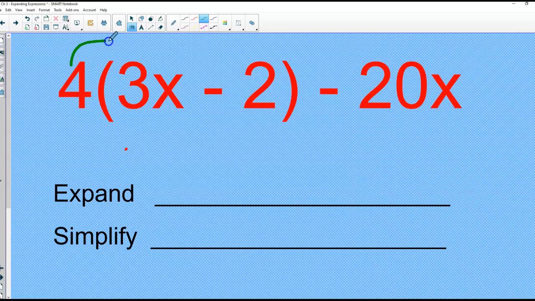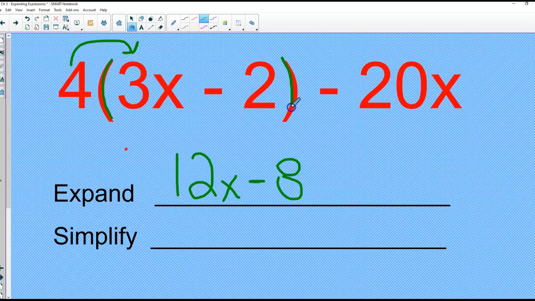So if I take the 4 on the outside times the 3, I get 12. Bring the x along. If we take 4 times 2, we get 8. There's a subtraction sign in between. So I've expanded everything. But look at where my parentheses started and where it stops.